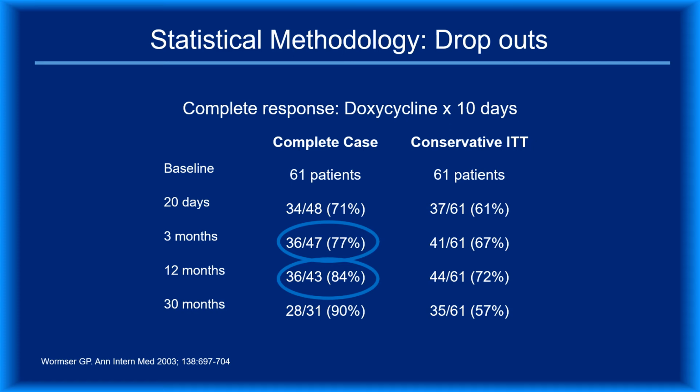The right column uses a conservative approach to handling dropouts. Those who didn't finish the study for any reason were considered treatment failures. Although the actual number of successfully treated cases was higher with this methodology, the overall rate was lower. As you can see, the choice of methodology can bias findings and ultimately conclusions.